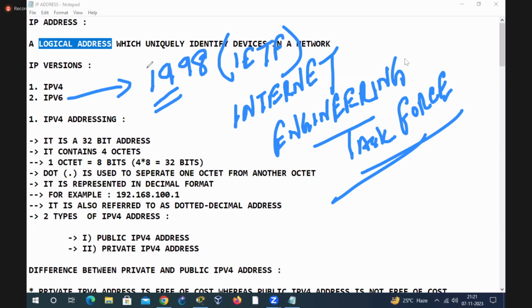Now, why have they developed this IPv6? When we are still using IPv4 addresses, why is there a requirement to develop IP version 6 addresses? So the answer is very simple. IPv4 address is a finite number of addresses. It is not having an unlimited number of addresses.